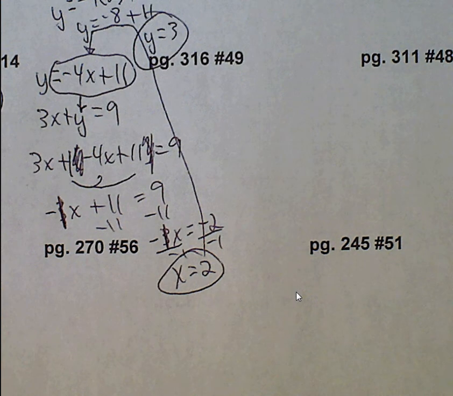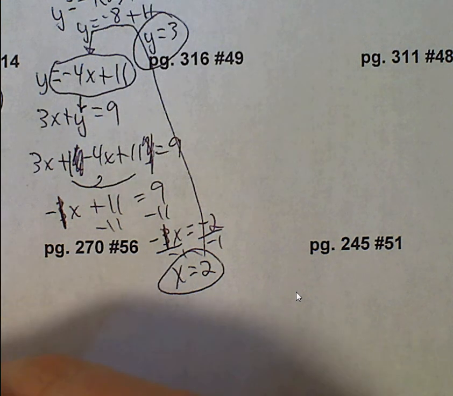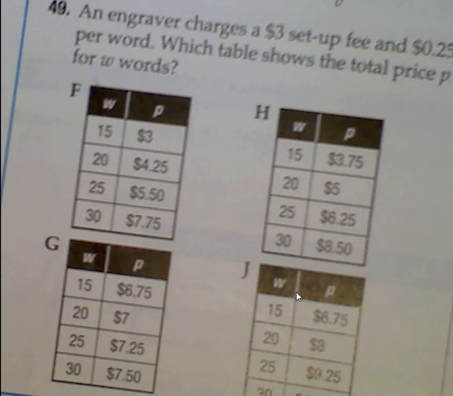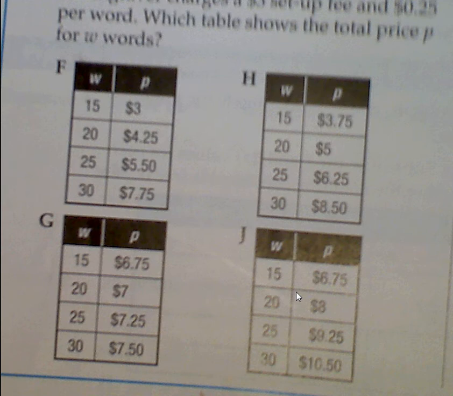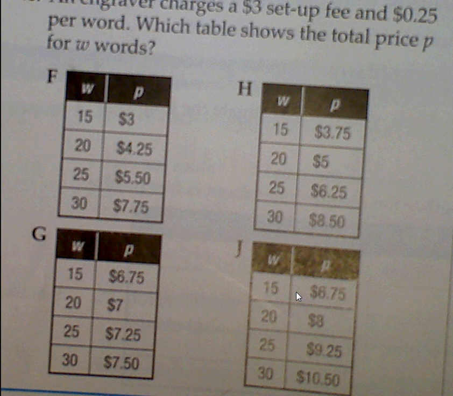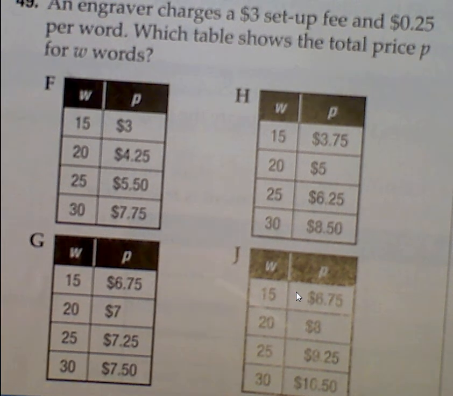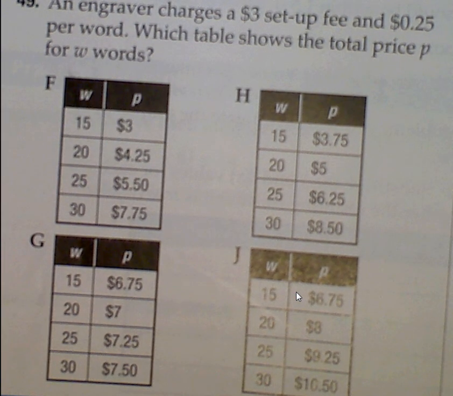Page 316, number 49. Okay, an engraver charges a $3 setup fee and 0.25 per word. Which table shows the total price P for W words?